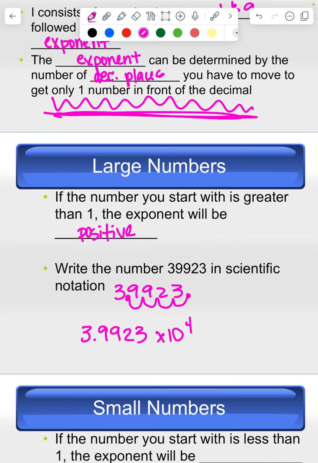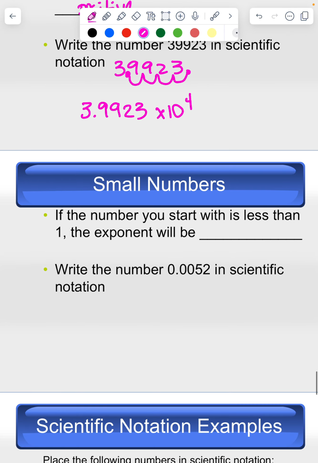Now, if we do a small number, if the number we start with is less than 1, the exponent is going to be negative. So if we have the number 0.0052, which is called standard or ordinary notation, and we want to put it in scientific notation, we move the decimal to where there's only one non-zero number in front of the decimal.